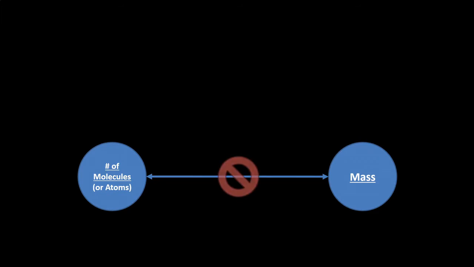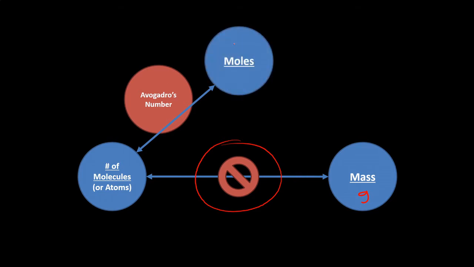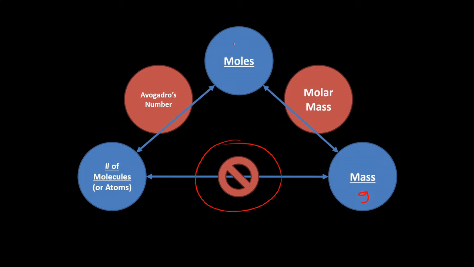So the pathway is going to look something like this, where there's no direct way to go from a number of molecules or atoms to a mass, which would normally be in grams. Instead, you're going to use Avogadro's number to go to a number of moles, and then use the molar mass from the periodic table to figure out how many grams you have.